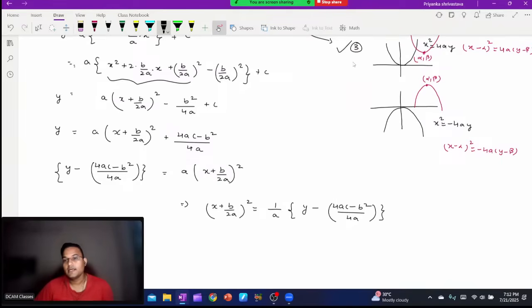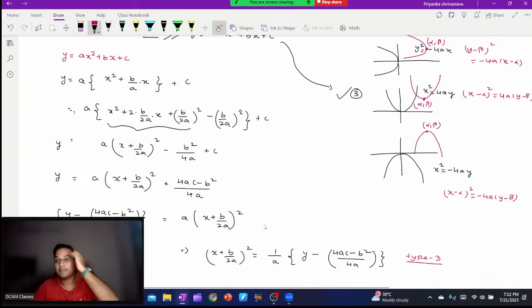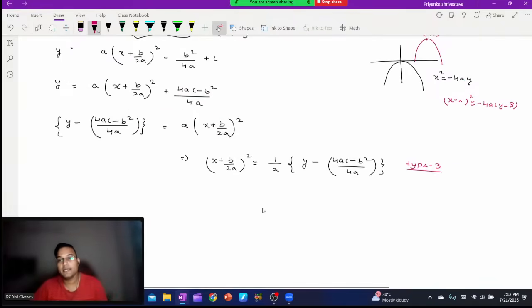Now this is a parabola of type 3 whose center is, see, this can be any of the parabolas, either 3 or 4, depending on whether a is greater than 0 or a is less than 0.